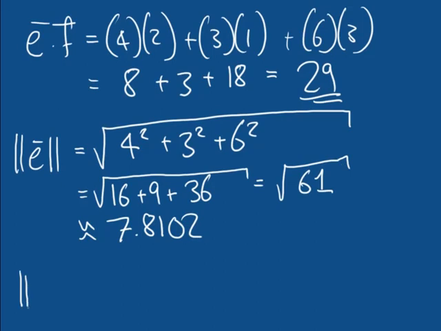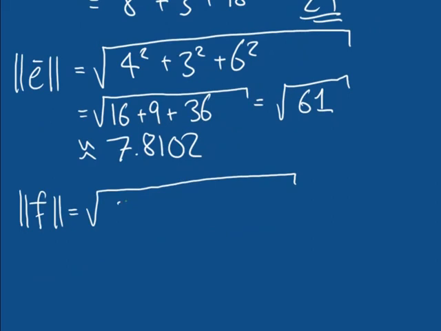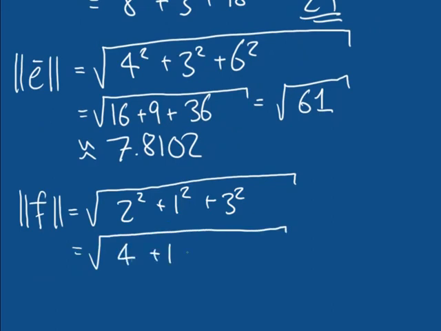We now need to find the length of f. So the length of f, the magnitude of f, is equal to the square root of x squared plus y squared plus z squared. So that's 2 squared plus 1 squared plus 3 squared. That's going to be equal to the square root of 4 plus 1 plus 9, which is equal to the square root of 14.